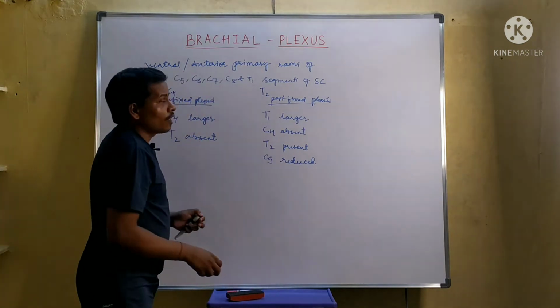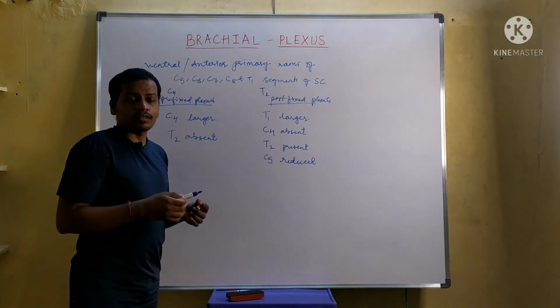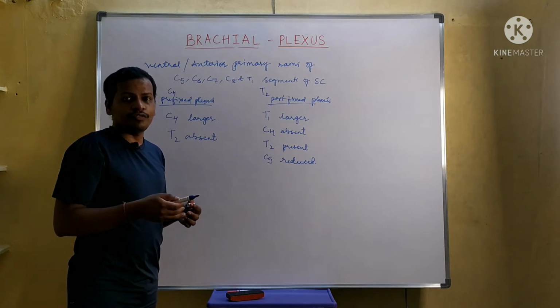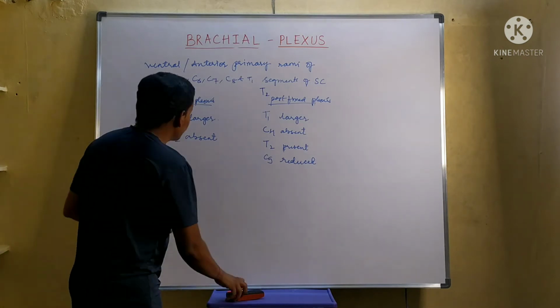Now let us see how the roots, trunks, cords, divisions and the branches of the brachial plexus are formed, guys.